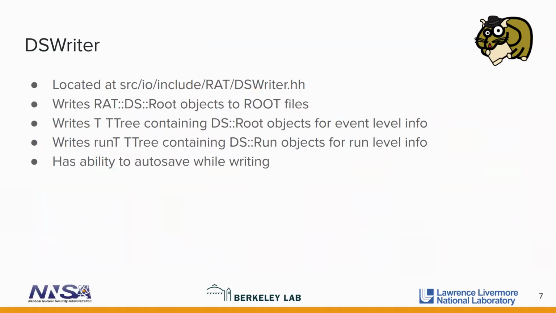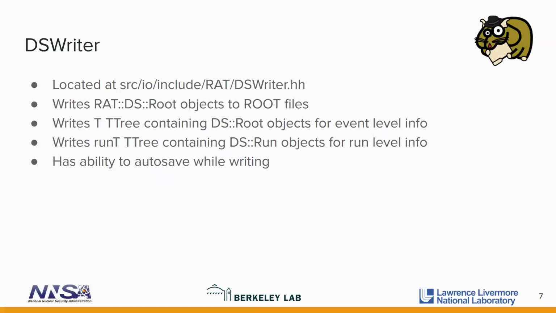The ROOT files are written out using the DS writer class that's located there in the code, and it just writes the ratDS root objects directly to a ROOT file, keeping all of the same structure that is within the ratDS, as we talked about before.